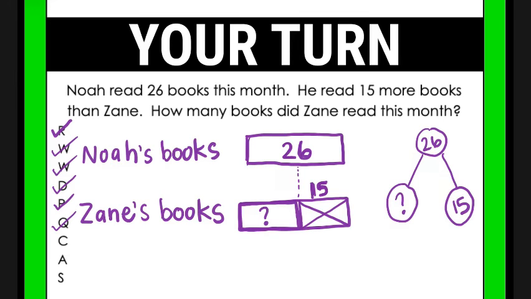So again, I'm missing a part, which means I need to subtract. So my computation is always my whole minus a part. 26 minus 15, and that will give us our other part. Don't forget to be writing all of this down with me.